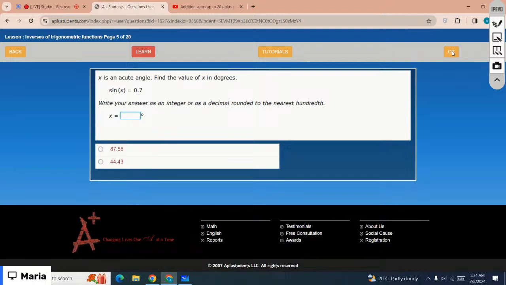Sin x equals 0.7. So which is the correct option? You have to evaluate sin inverse 0.7, right? So the correct option is, yes, that is 44.43 degrees.